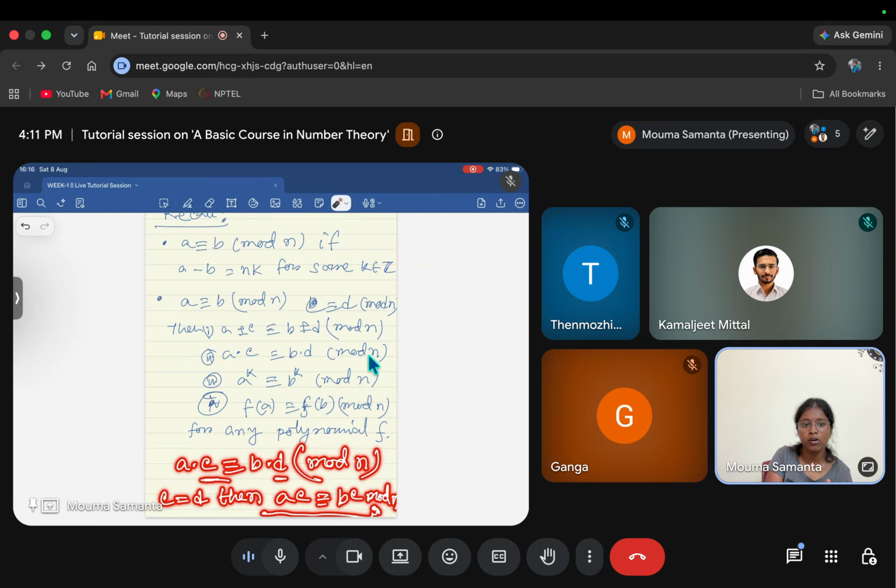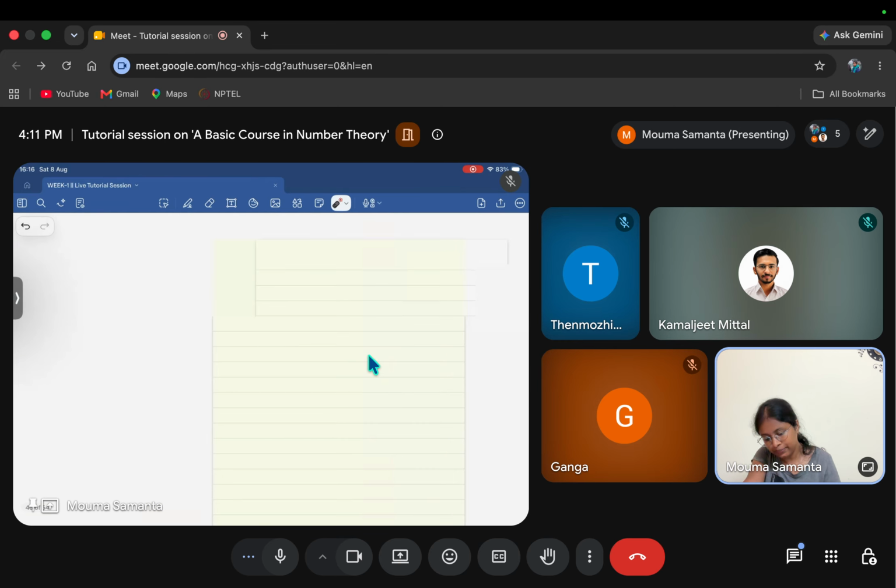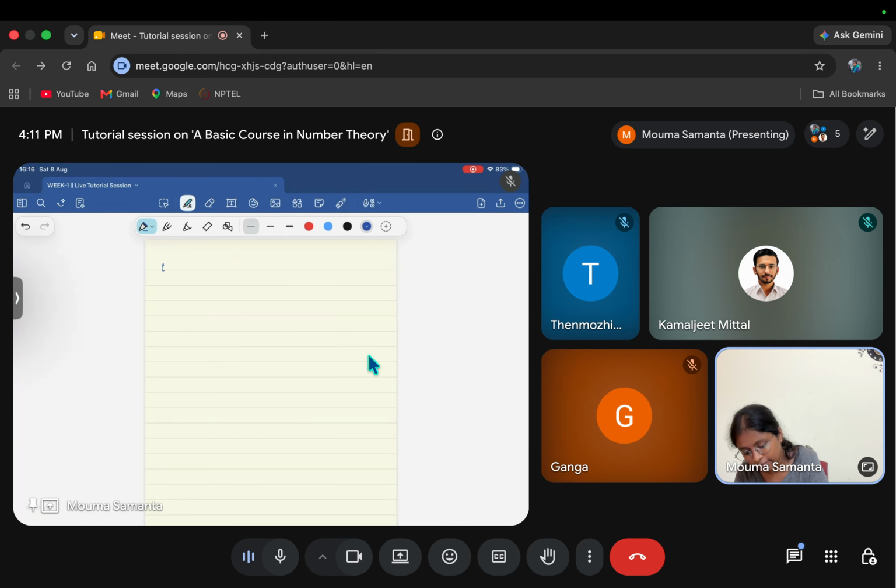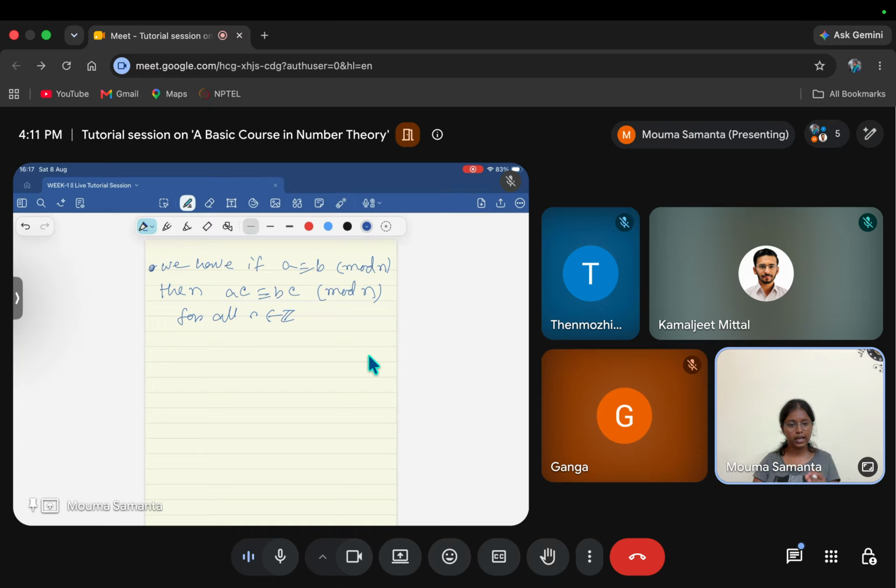We are trying to find the answer to this question. So keep in mind that if a is congruent to b mod n, then ac is congruent to bc mod n for all c belonging to Z. These are the conditions we have. So from 2 we are getting this one.